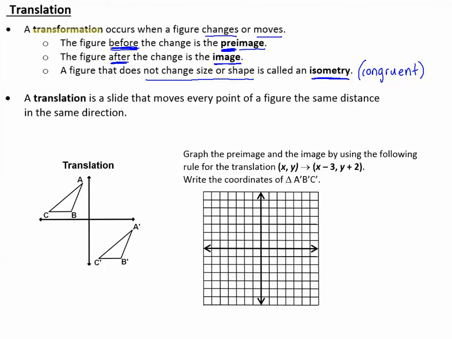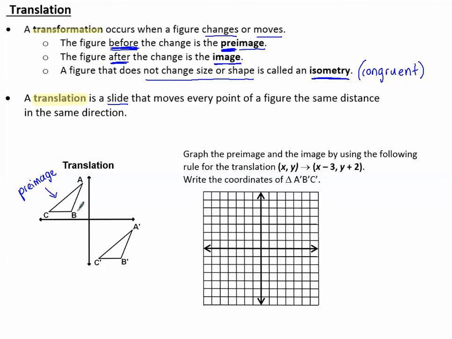Now we can talk about translation. A translation is a slide that moves every point of a figure the same distance in the same direction. This is an example of a translation. Notice this triangle right here. This is triangle ABC. We know that this is the pre-image because this is the figure before the translation.